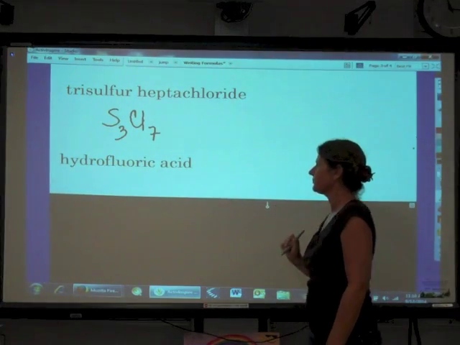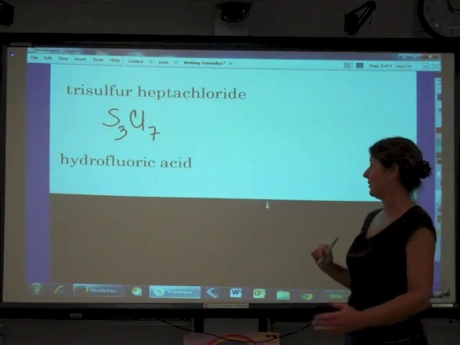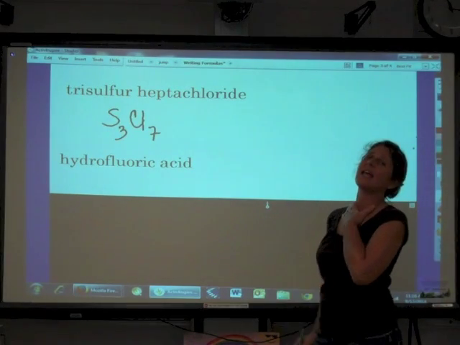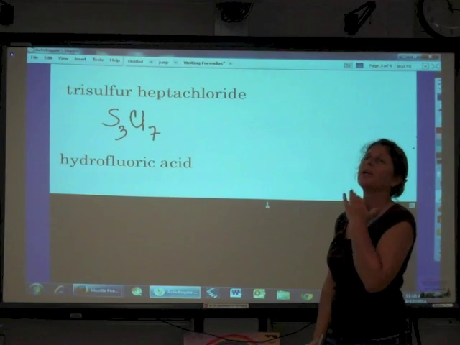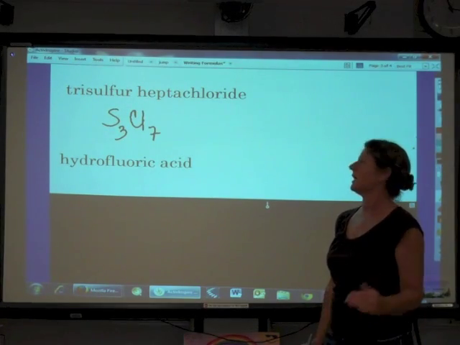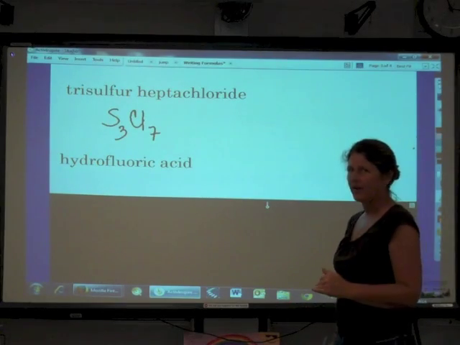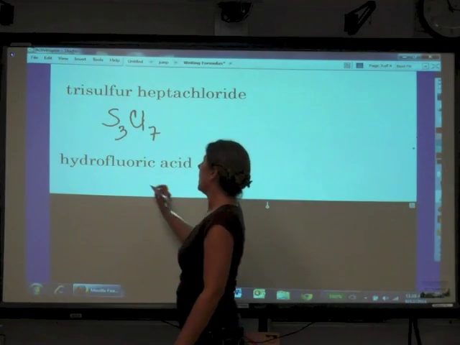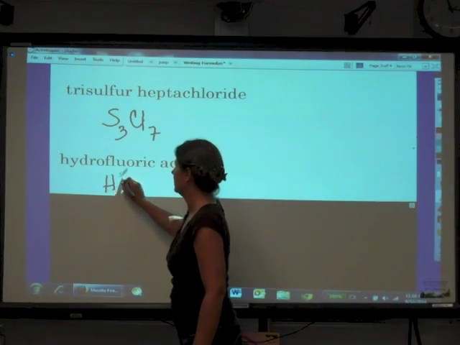Okay, this is an acid. How do I know? It says it in its name. So if it says it in its name, I know what the cation is. Automatically, I know that the cation for this thing is going to be a hydrogen.